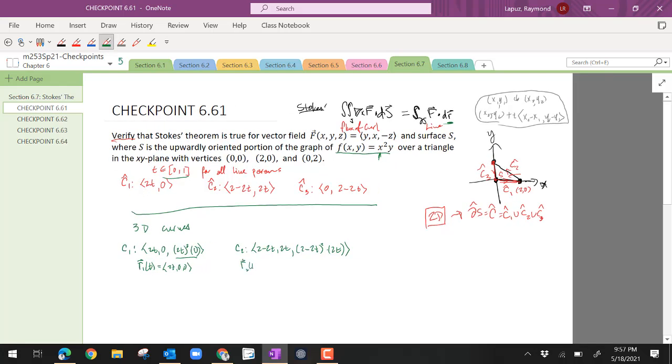So r2 of t will be equal to 2 minus 2t comma 2t. Now let's FOIL this out. This is going to be 4 minus 2 times 2 is 4 times 2 is 8. And then negative 2t squared is going to be positive 4t squared.